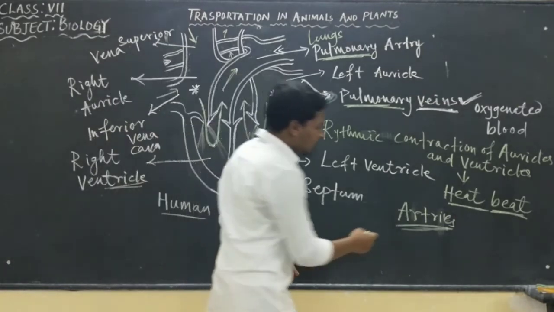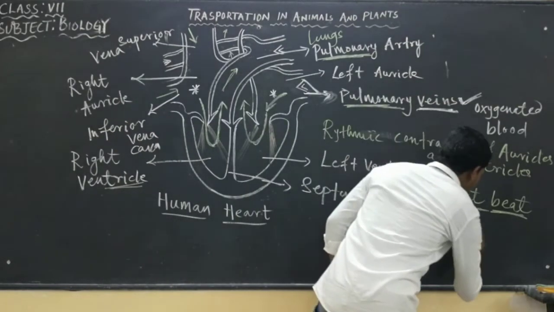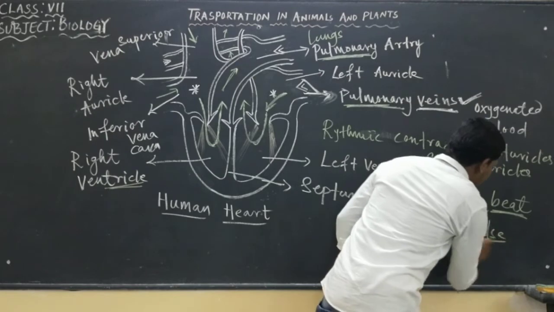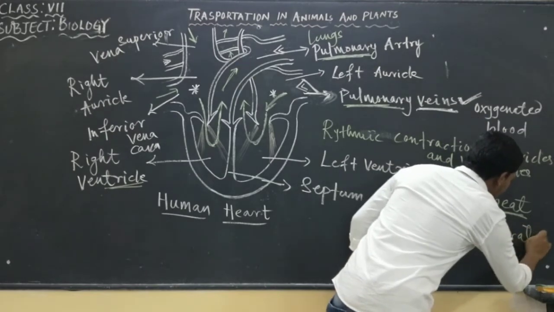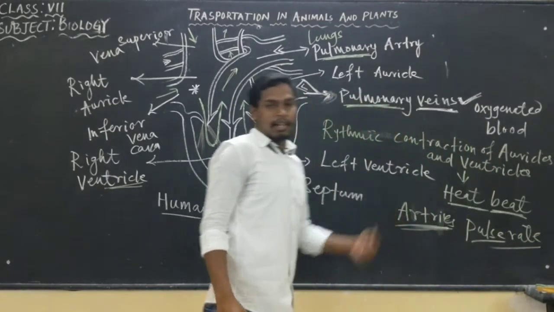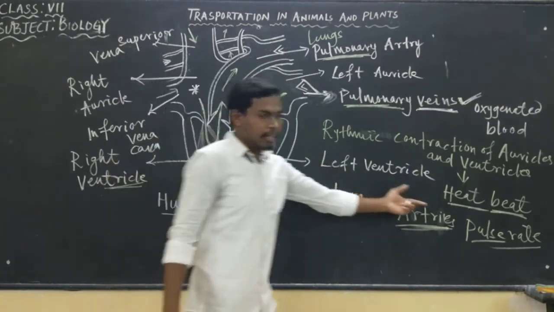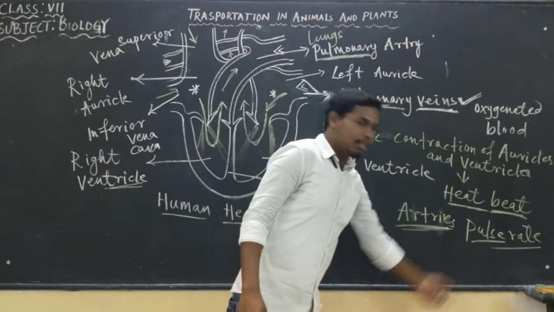Then we can know the pulse rate. So this is how heartbeat and pulse rate are related. Each heartbeat generates one pulse.